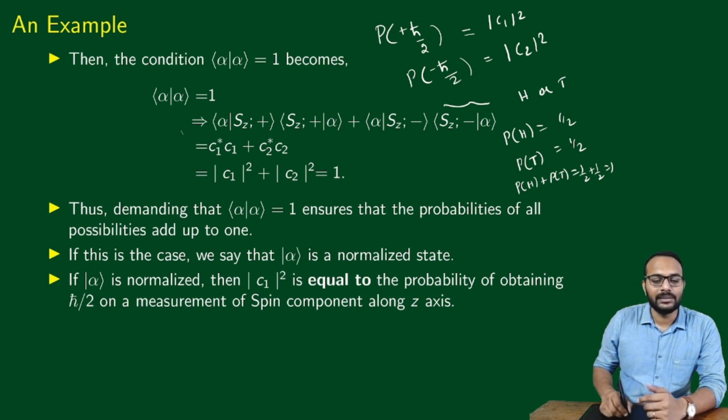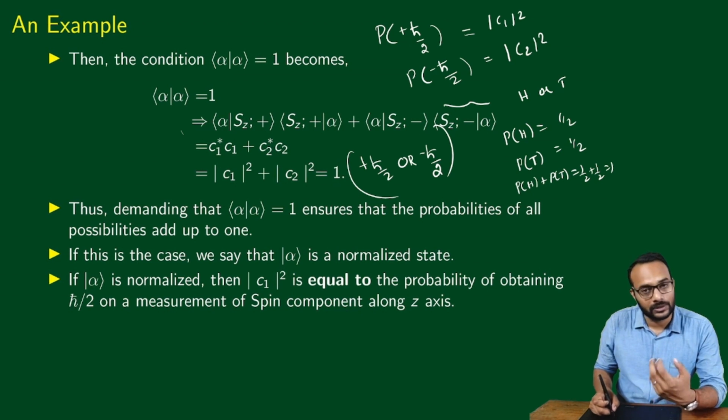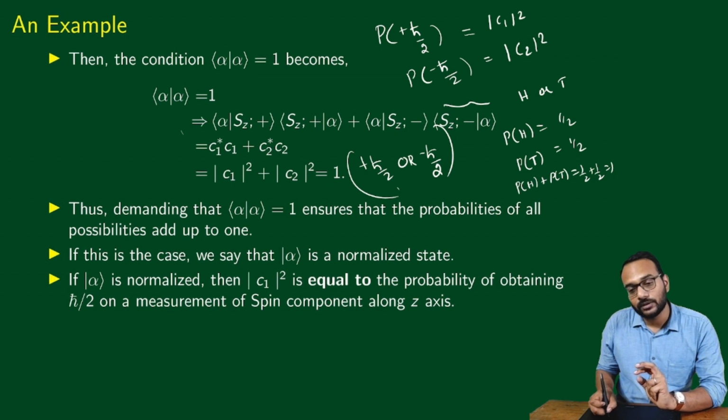So this means that you are sure to get either plus h cross by 2 or minus h cross by 2. You could ask the question, what's the probability for getting plus h cross by 2 or minus h cross by 2? The question is not what's the probability for getting plus h cross by 2 alone; I'm asking for getting this or this.